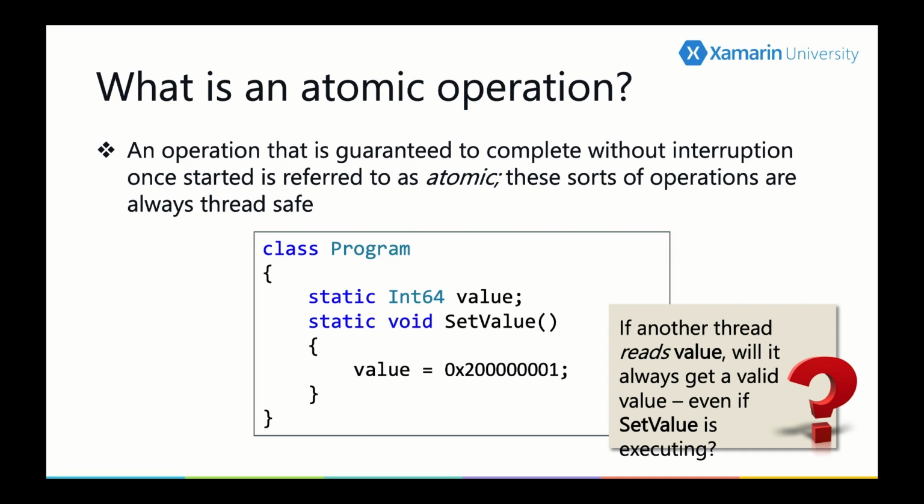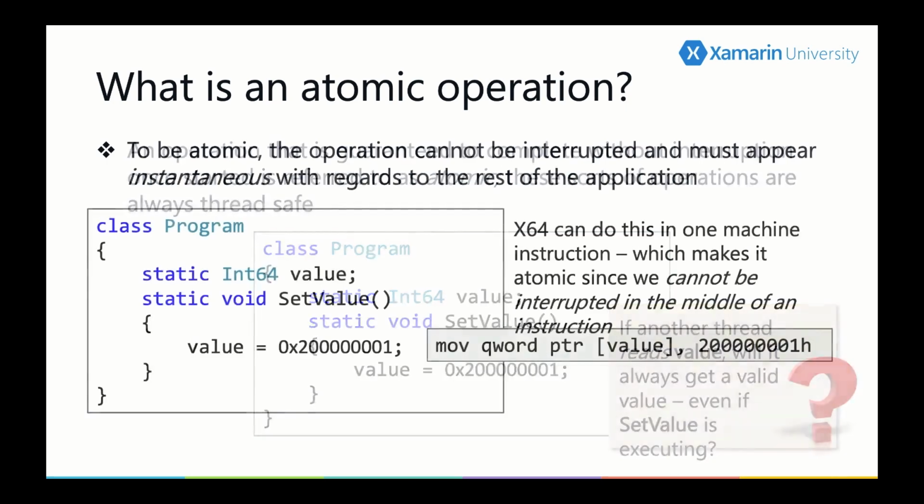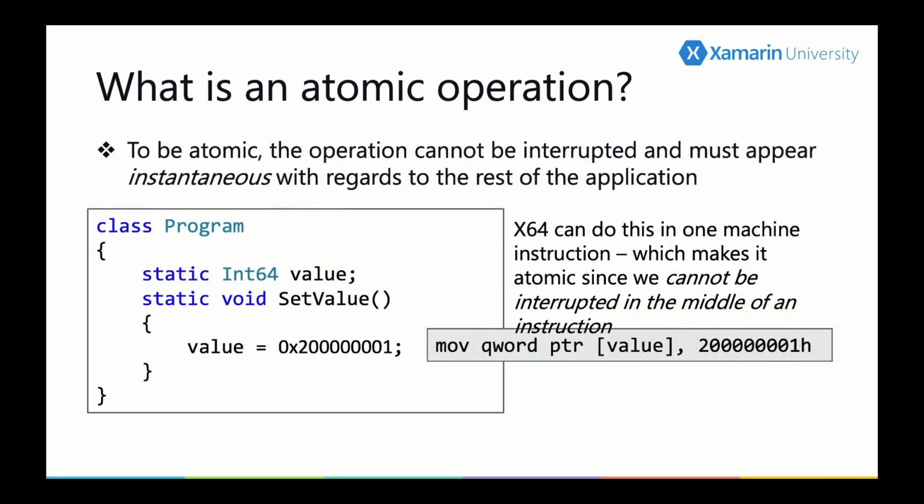So why does it depend? Well, in this case, we have got a 64-bit value. On a 64-bit processor, we can hold the entire value in a single register, and we can write the value to a 64-bit memory line in a single instruction. And because it can be done in a single instruction, the statement is by definition atomic. It cannot be interrupted by any other thread once it's started, and the value will always be correct.